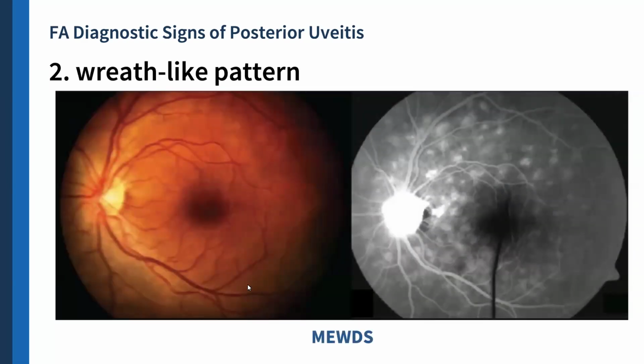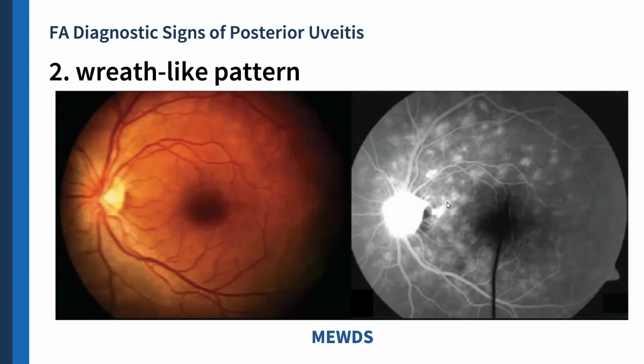So the next pattern, this one we don't see a lot, but this is one of the few posterior uveitic entities that would have a, shall we say, pathognomonic pattern. This is multiple evanescent white dot syndrome. In MEWDS, as you know, there are faint white subretinal dots occurring all over the posterior pole.